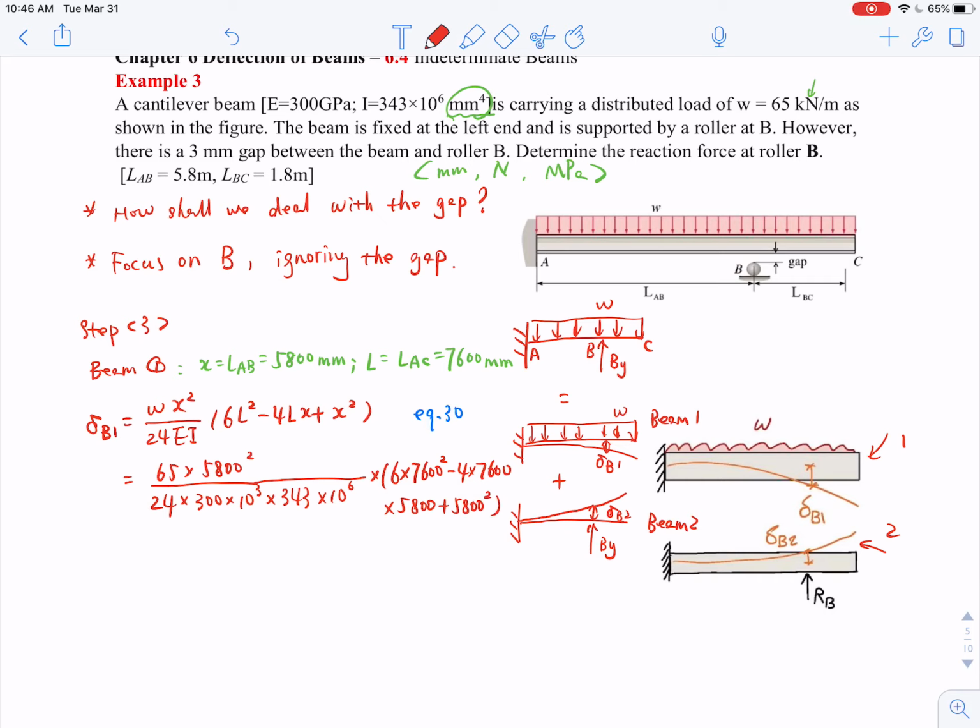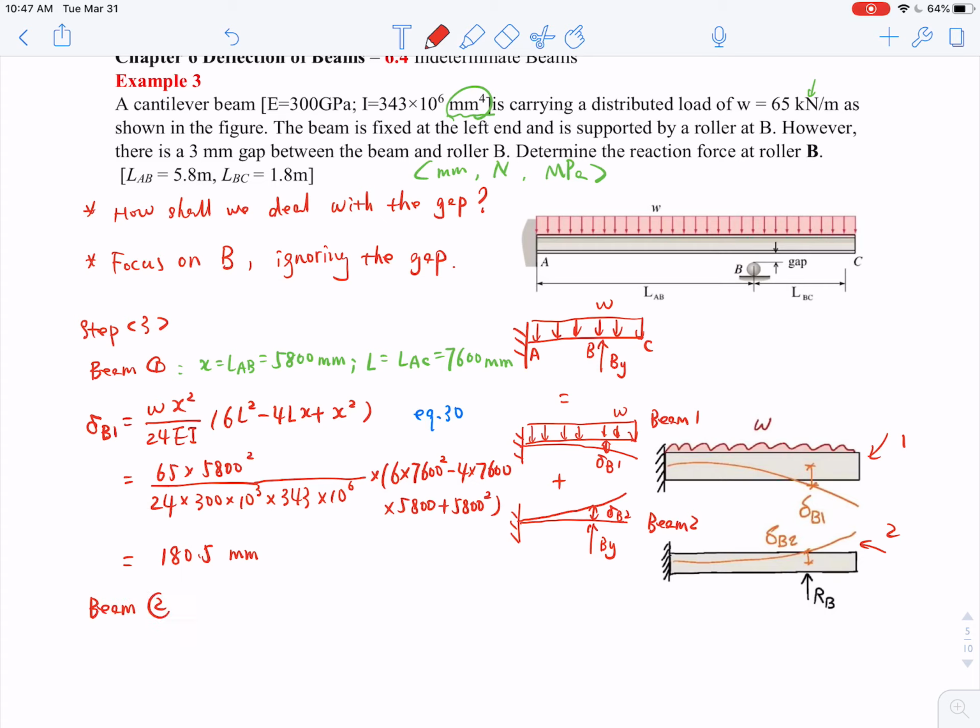Okay, then the result here is 180.5 millimeter. This is beam 1, and then let's look at beam 2.